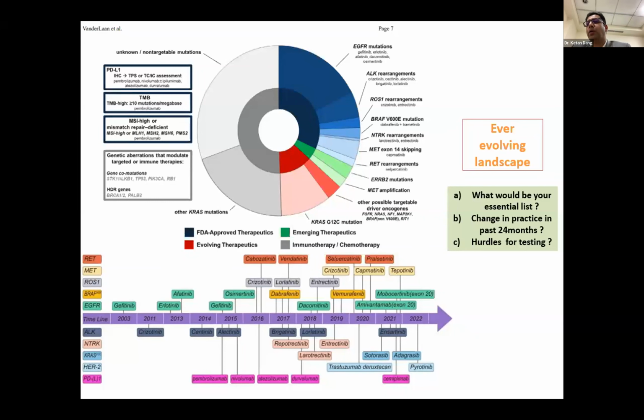On the lower half of the slide, you can see how the therapies have evolved, starting from 2003 when gefitinib became available, and thereafter how they have evolved, and we have therapies for all these targets.